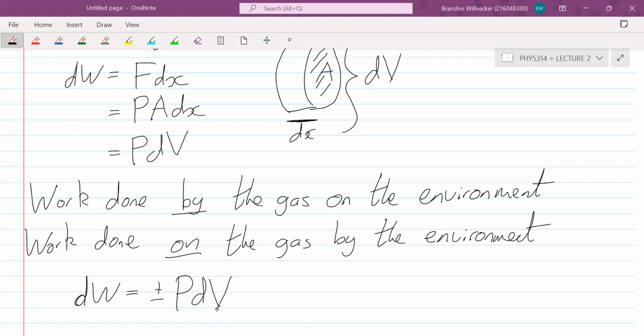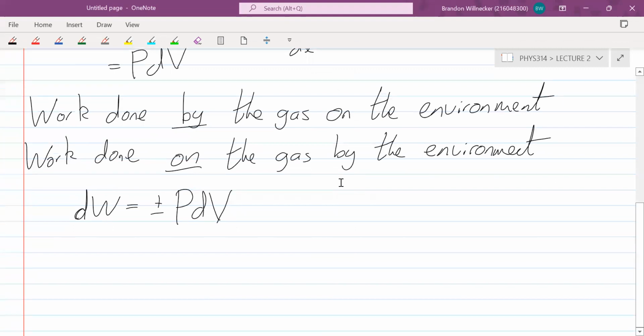Now, this is the differential of work being done. If you want to find the total amount of work being done, we then have to integrate this. So the total work being done, W, is plus or minus, again, depending on how you want to think about it, the integral of P dV.